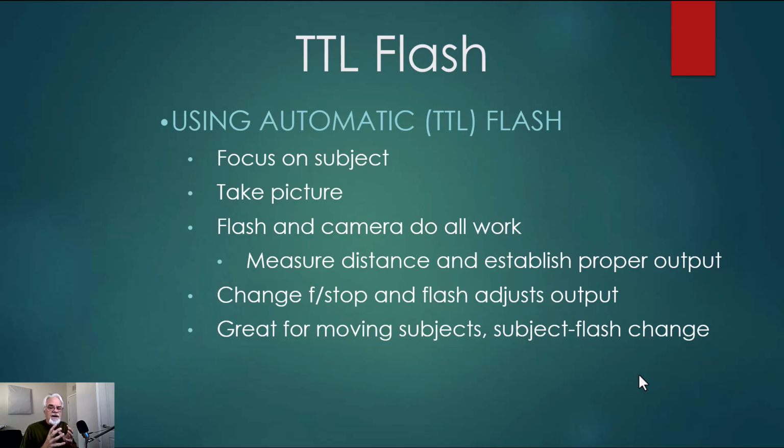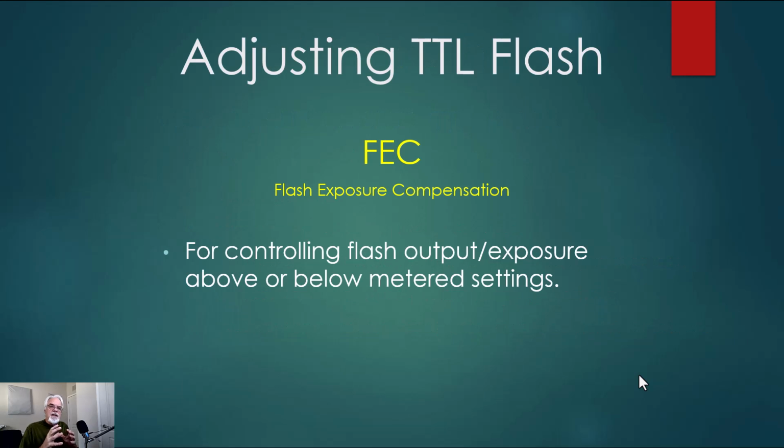There's lots of great value for TTL, but for me and what I do, that is a great value in adjusting the flash's output level to properly expose the subject while they're moving farther or closer to the camera.